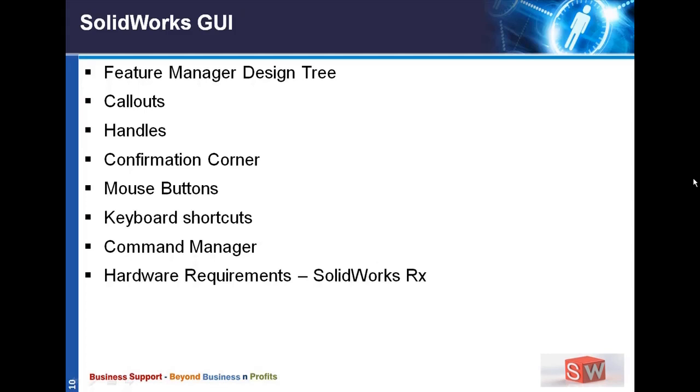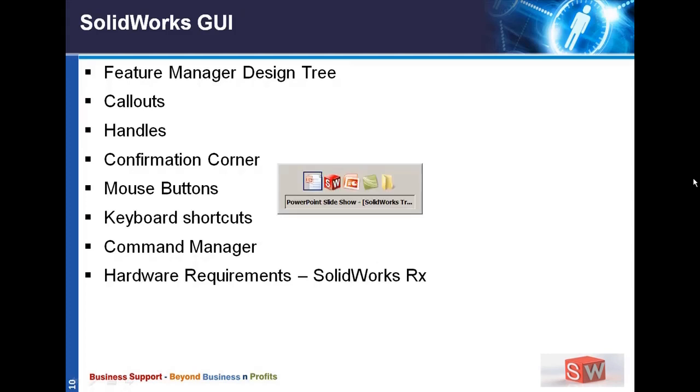And finally, we are going to see an application where you will be able to understand your computer, your PC, is able to satisfy the SolidWorks requirement. Means your hardware is exactly matching with the SolidWorks application.